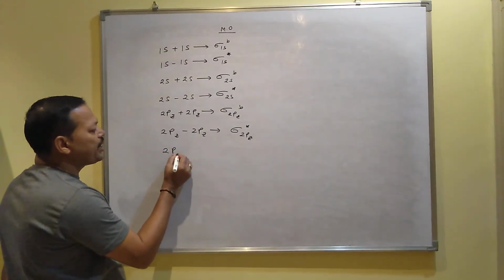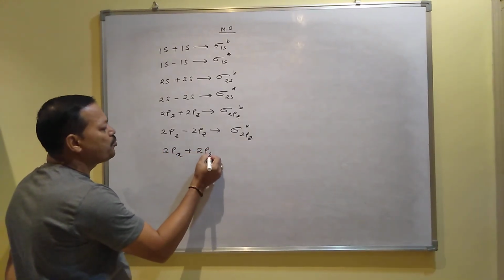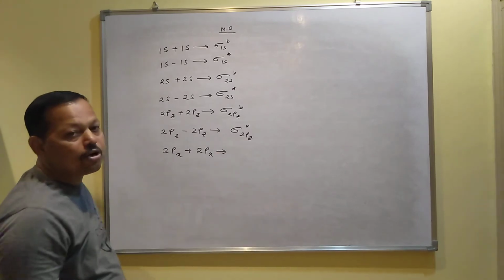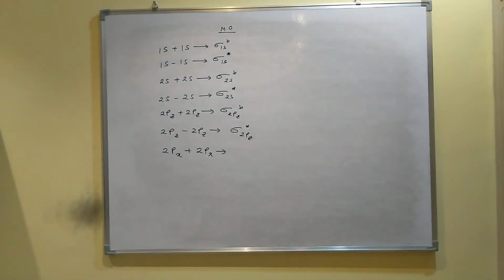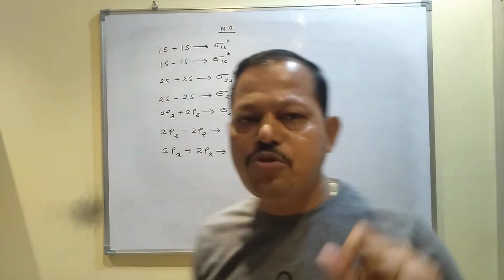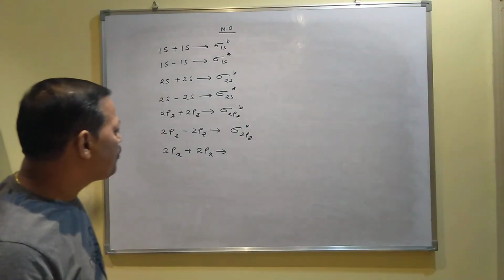Similarly, 2px, when combined with another 2px, the molecular orbital is now not called sigma, it is called pi, because 2px overlaps with another 2px by lateral overlap, and due to this lateral overlap, they produce a pi bond, and that is why the molecular orbital is named pi molecular orbital.